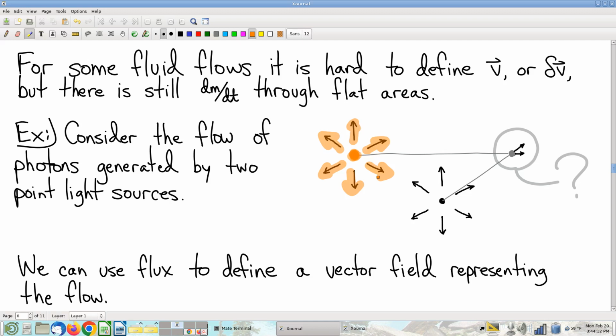So there's a light bulb shooting out photons in all directions, and among other things, way over here at a point like that, there will be photons at this point that are going that way because they came from that light bulb. But there's also this light bulb here shooting out photons every which way, right? And at this same purple point, there will also be some light going that way.